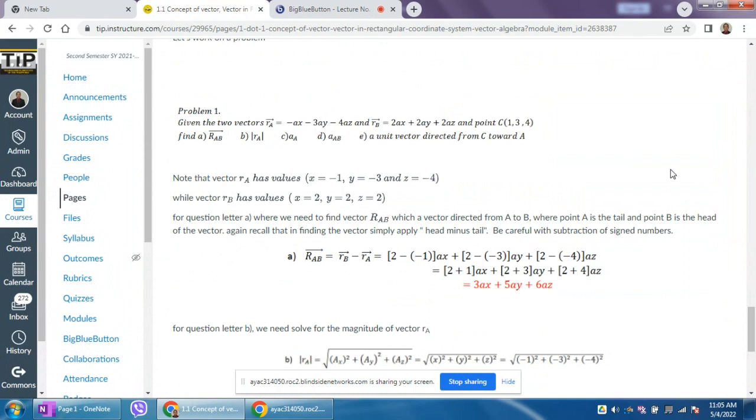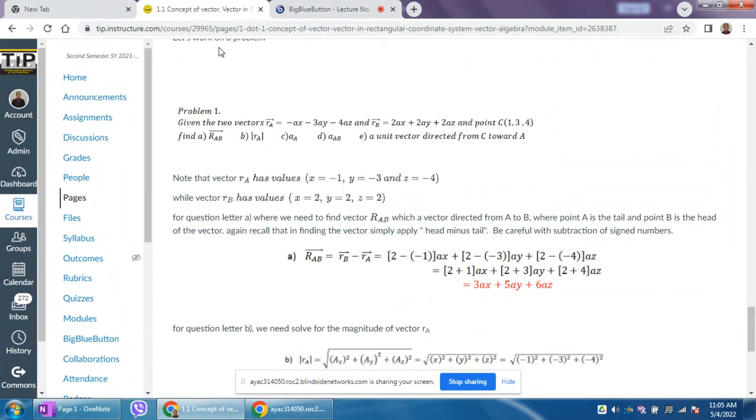Given 2 vectors and 1 point. Sige po, let's work on this. Kunin ko muna po yung mga given. And then punta po tayo doon sa ating whiteboard.